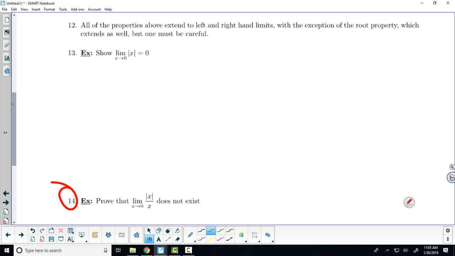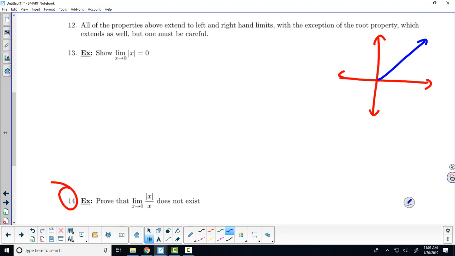Anyway, let's go ahead and look at the limit of the absolute value function as we approach 0. But we're going to have to use left and right hand limits here. Okay? So first of all, what does the graph of the absolute value function look like? Yeah, the graph of the absolute value function is a V. For positive x values, it behaves like the identity function.